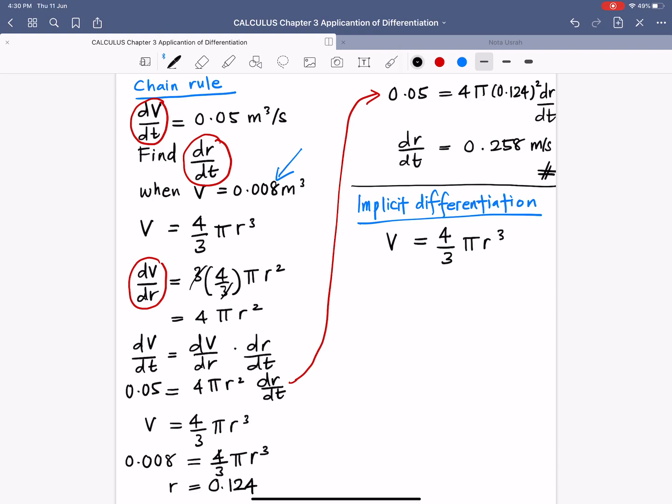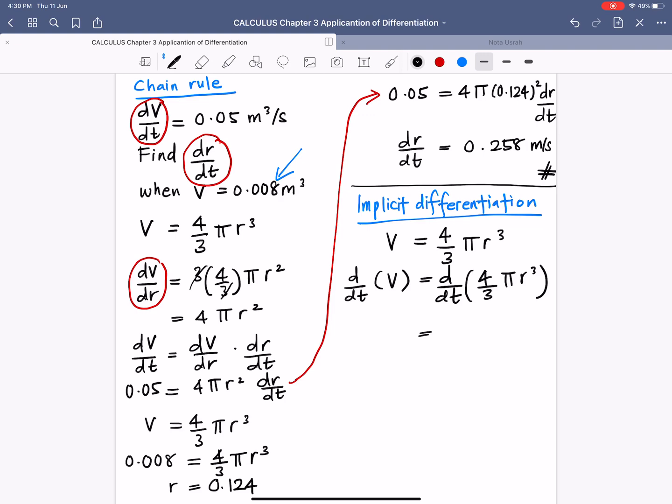And we know that we want to find dr/dt, so we will differentiate with respect to t for both sides of the equation. So d/dt of V and d/dt of 4 over 3 pi r cubed.